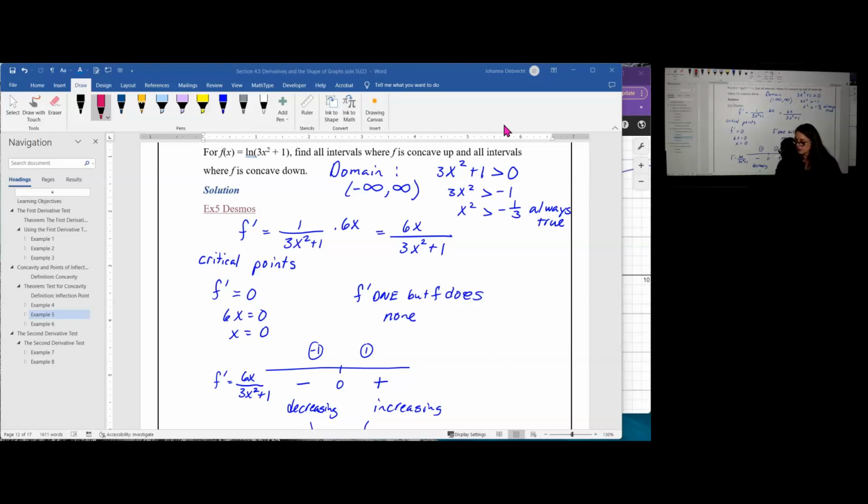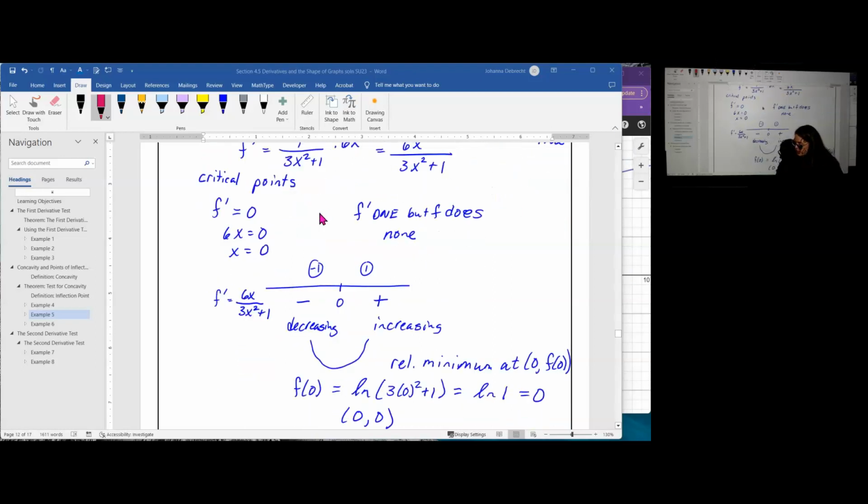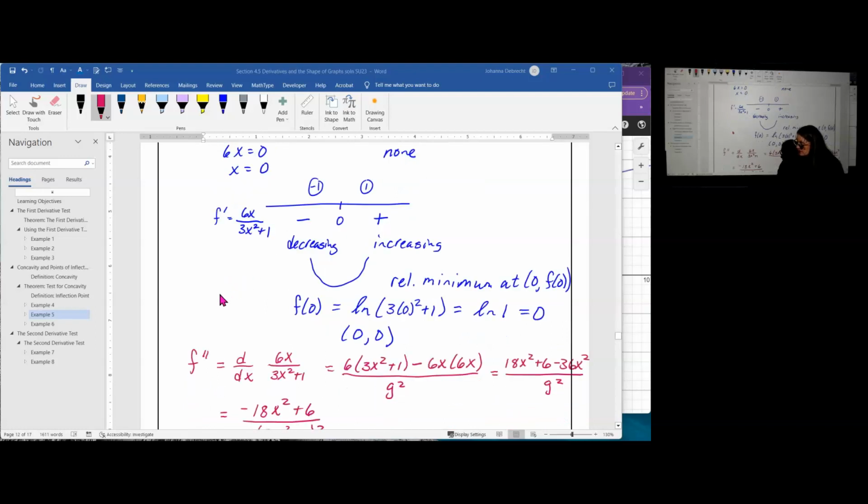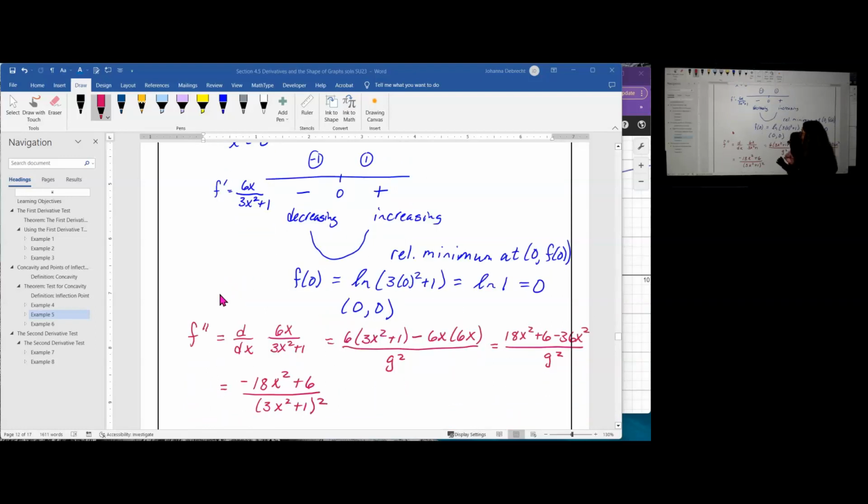That must mean that we have a relative minimum there at x equals 0. Then, in order to find the actual location of it, I have to substitute 0 into the original function, the natural log. This gives me natural log of 1, which is 0. The origin is, in fact, a relative minimum.